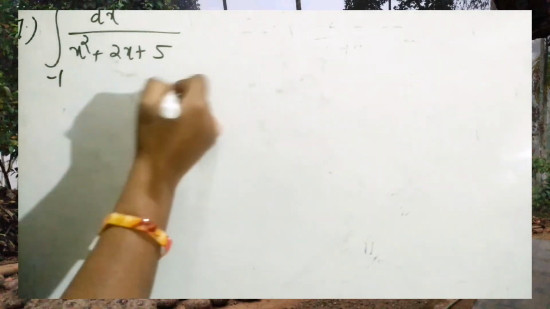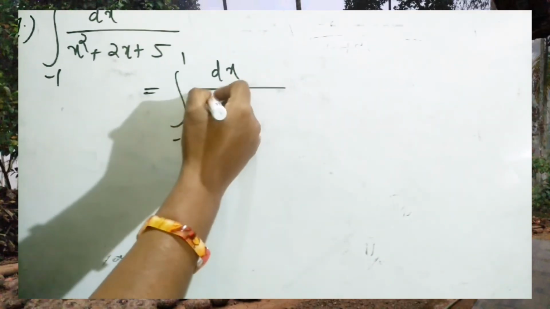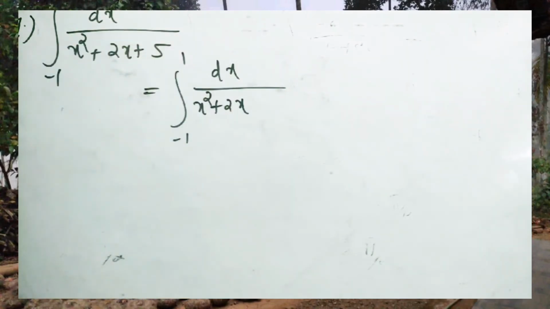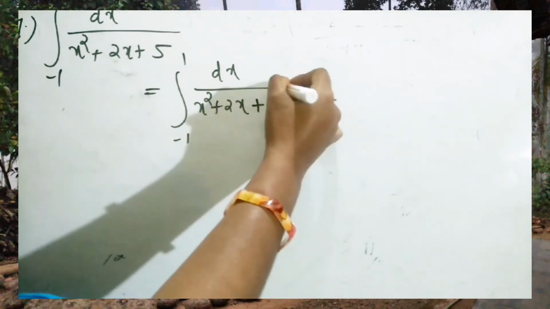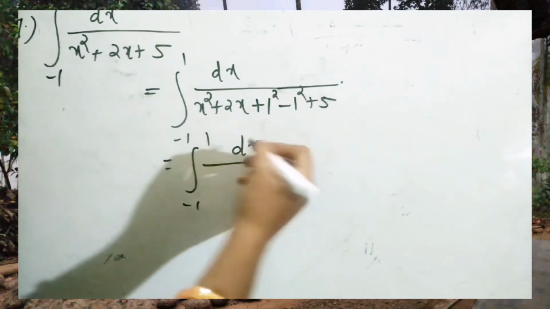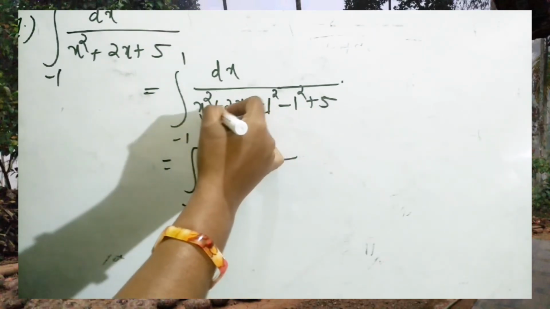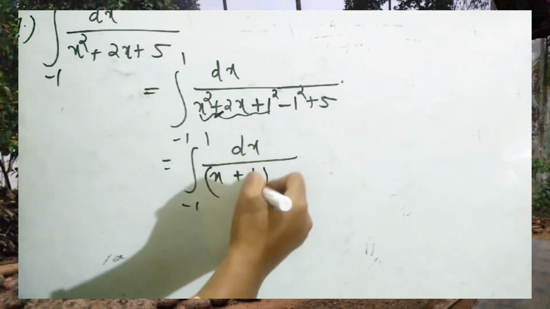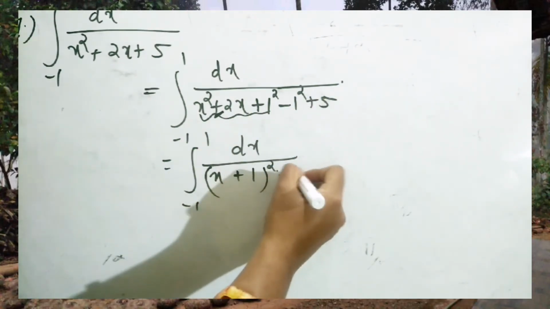So I am going to do that first. Half of the coefficient of x is 1, so we add 1 square and subtract 1 square. This is equal to integral minus 1 to 1 dx divided by x plus 1 all square, minus 1 plus 5, that is plus 4.